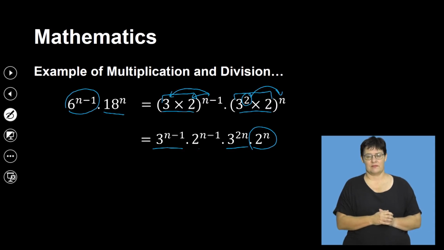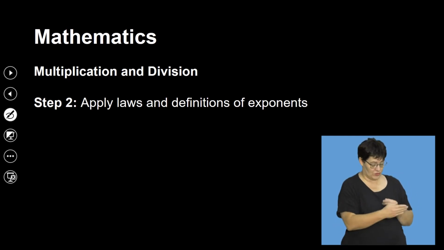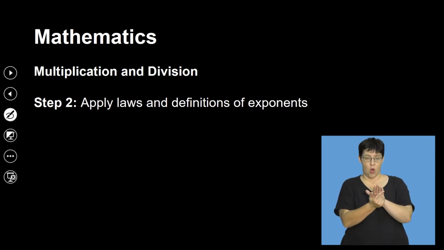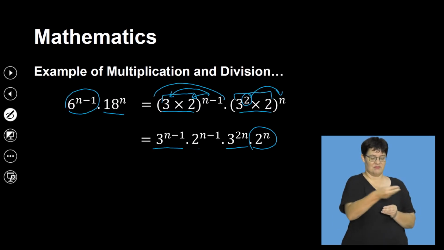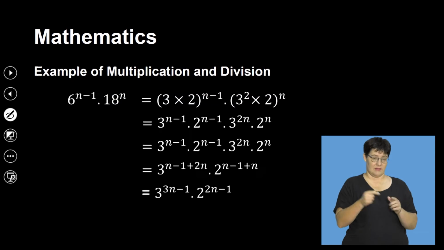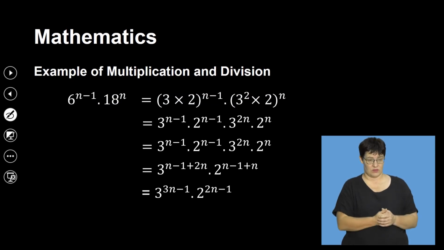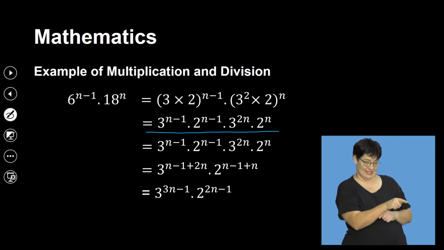And then also, the second step of simplifying this will be to apply the laws and the definitions of exponents. I've actually applied one here where it includes the concept of brackets and raising one exponent to the other. Now, with this one, we left it at this point with the previous example.